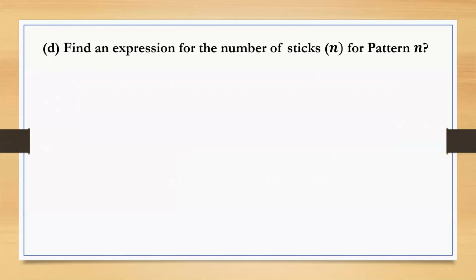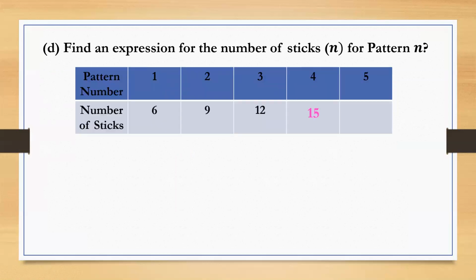Part D, I need to find an expression for the number of sticks for pattern n. So you will remember that in the first lesson, we had learned about arithmetic sequences. So we are adding the same value to get the next term.